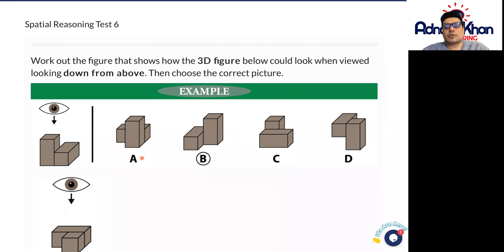So if we go to option A, that's not correct. Option B has a circle, which means this is going to be our answer. Option C and D are excluded from these answers. Now, let's have a look. So we have this particular cuboid standing up, okay? And that's our cuboid standing up there.